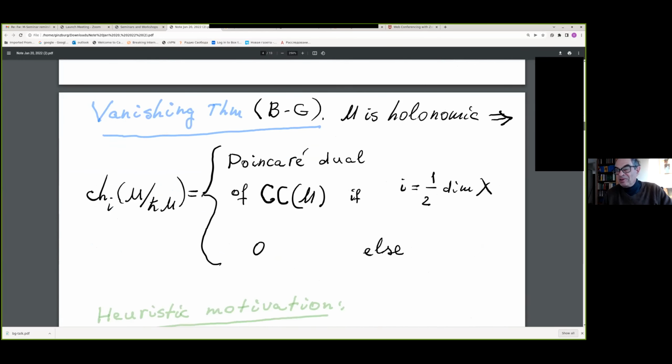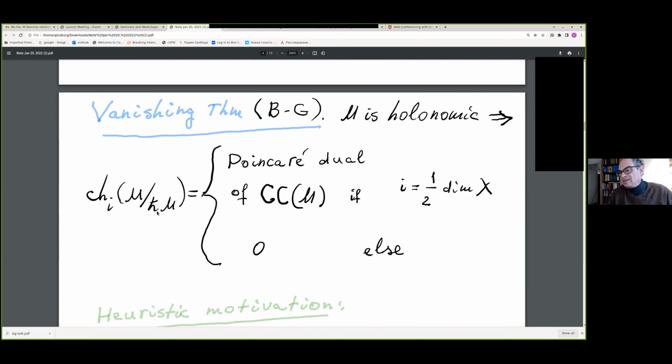And the miracle, our key result, is that in general, if I take a coherent sheaf, then its Chern character has components in essentially all degrees. But if I start with a holonomic module of the quantized algebra, take its reduction mod H bar, then I get a coherent sheaf, and all Chern components of the Chern character vanish except just one.